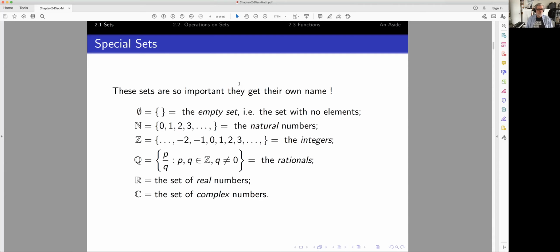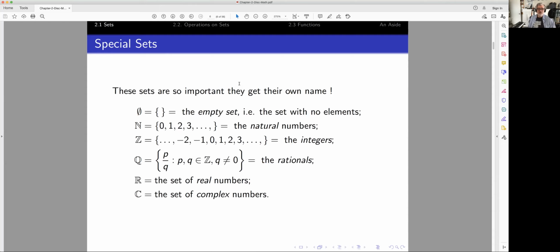So that's why it's called Z. Q, the rationals, these are the fractions, right? R, the set of real numbers, and there's also C, the set of complex numbers, which we might see informally at the very end of this course if I want to talk a little bit about quantum computing. That's where it happens. You need the complex numbers to talk about quantum computing.